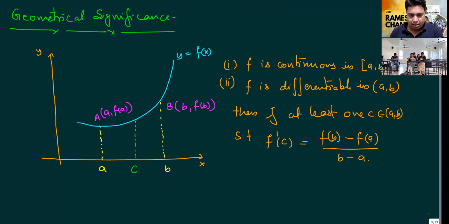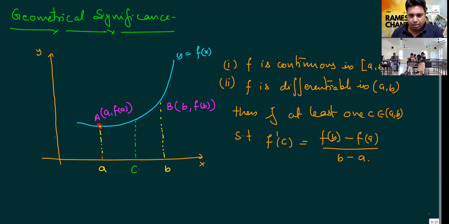At x equal to a, the value of the function is f of a, so the coordinate of point A must be a comma f of a. Is that clear?